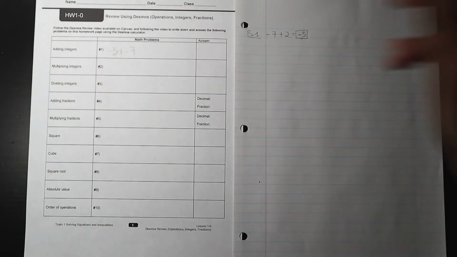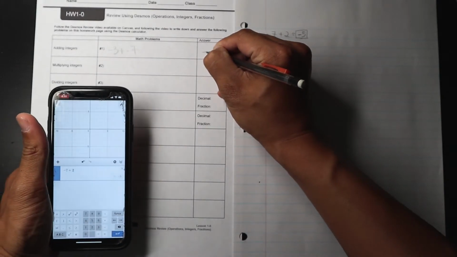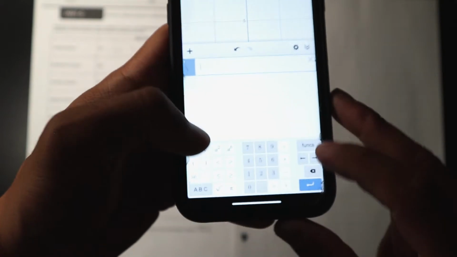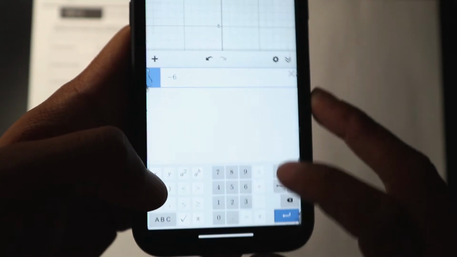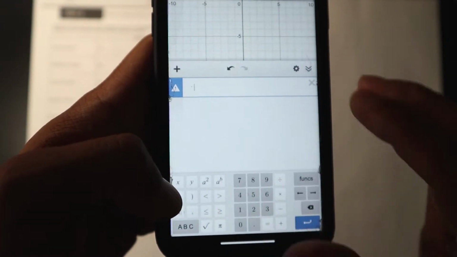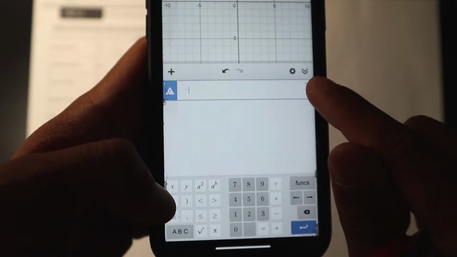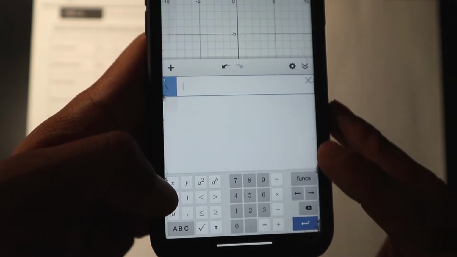So I want you to write down the answer. Your answer should be a negative, by the way. Negative something. So on your calculator, you press -3. Oh, I pressed it wrong. Should be -3. In case you press everything wrong, then just press the cancel sign or the X sign, so that way it'll reset everything again.